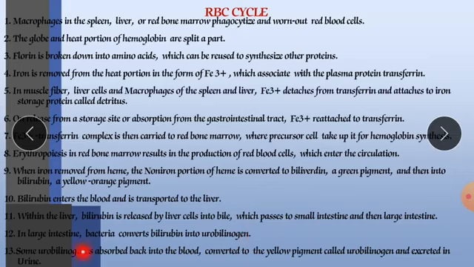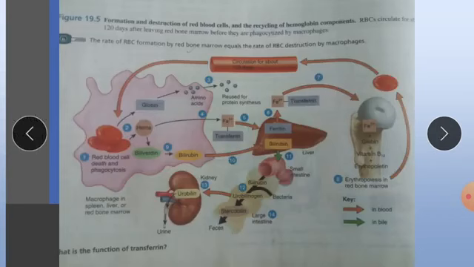Some urobilinogen is absorbed back into the blood. So here you can see, some urobilinogen is again absorbed back into the blood, and from the blood it goes directly to the kidney, where it gets converted into urobilin, and in the form of urobilin it is released into the urine.